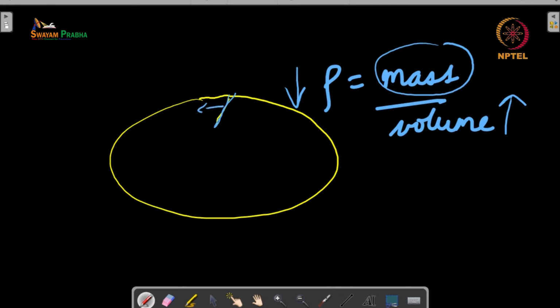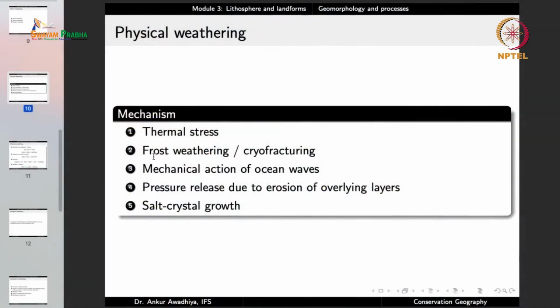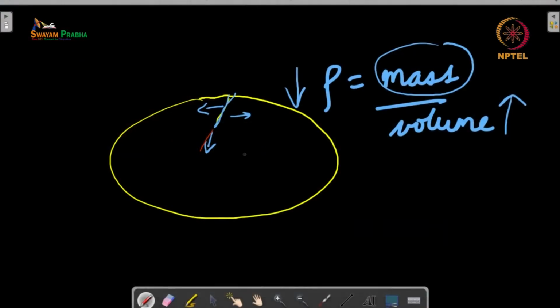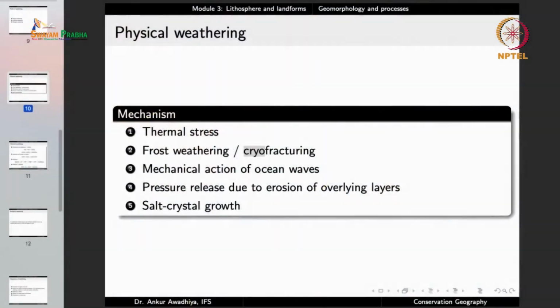And so this will exert a force that is on the outside. And with this, the crack will increase in size. So this is frost weathering or cryofracturing. Cryo is cold, and in this case we are getting a fracture in a rock because of cold conditions, because the water is getting frozen into ice.